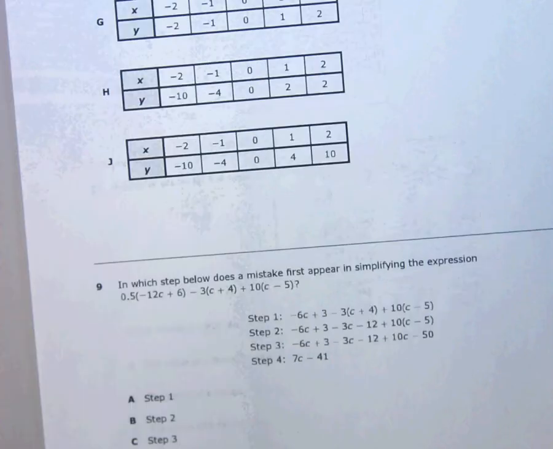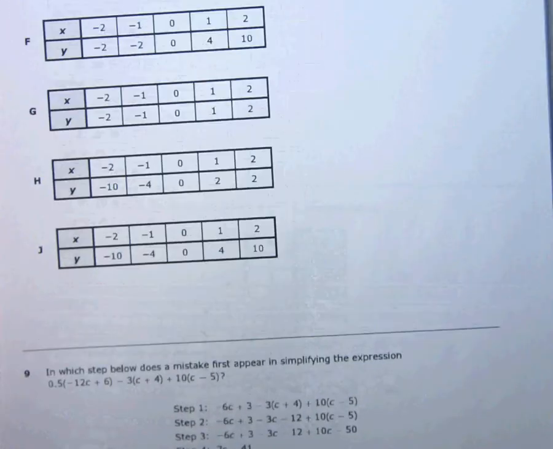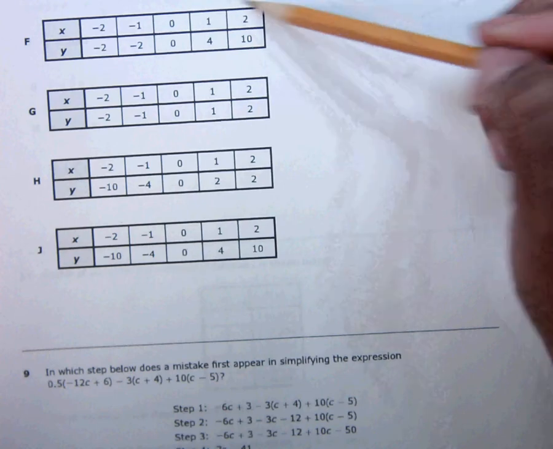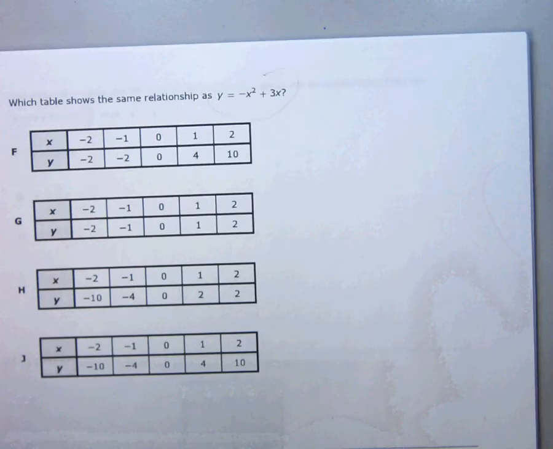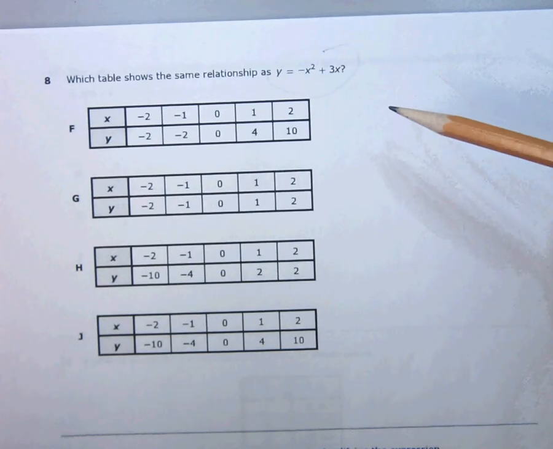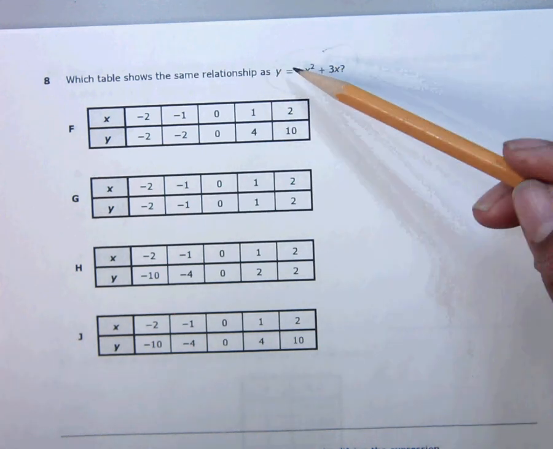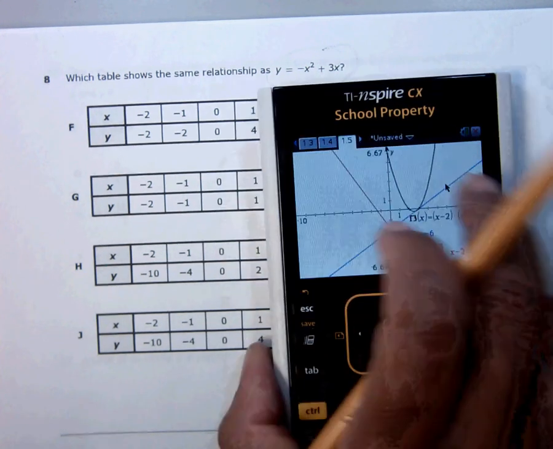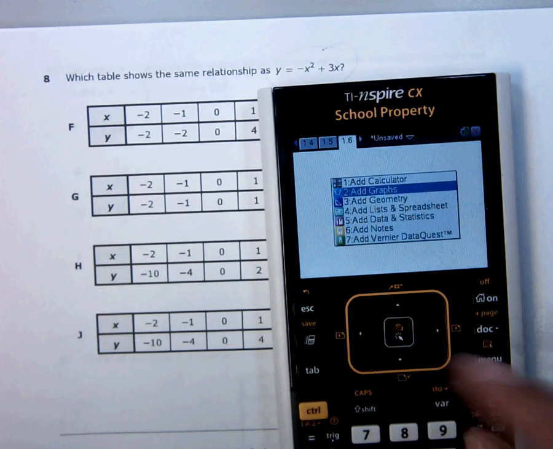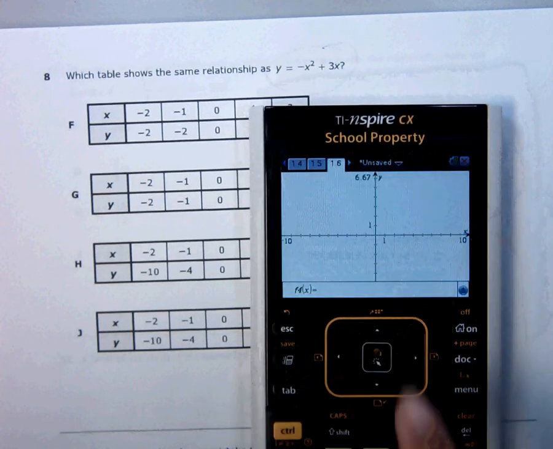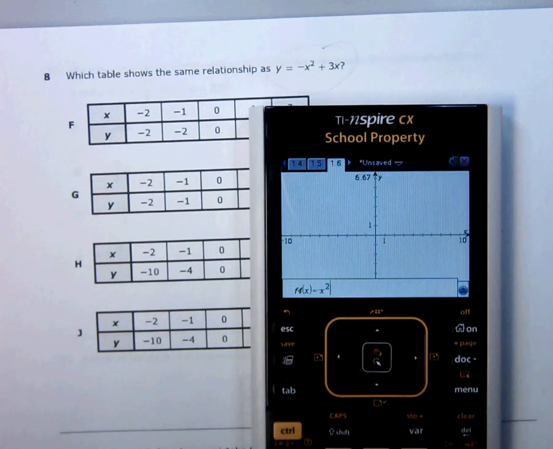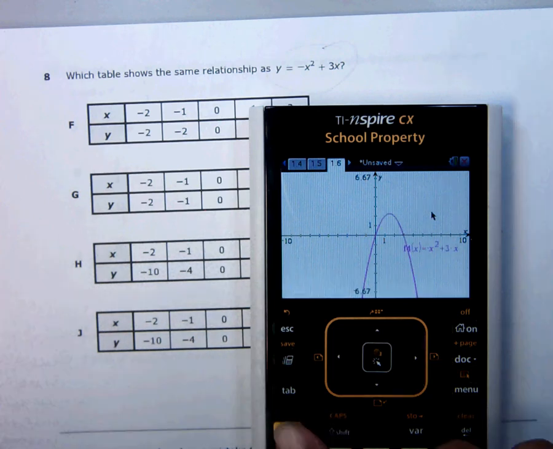Moving on. Which table shows the same relationship as this? So, let me bring it down so you can see the question. Which table shows the same relationship as y equals -x squared plus 3x? All you have to do is go to the graphing screen, type in -x squared plus 3x, then look at the table.